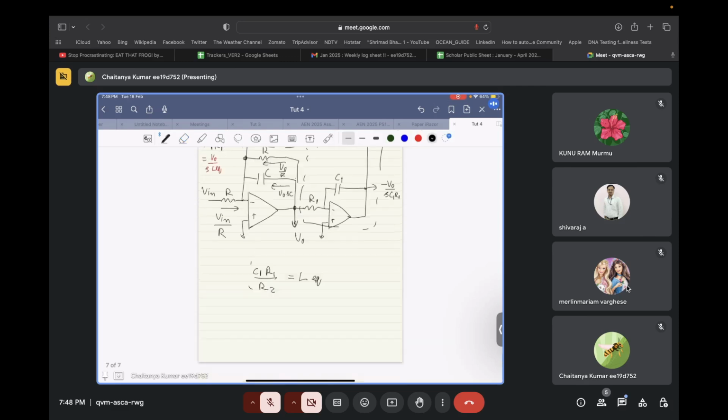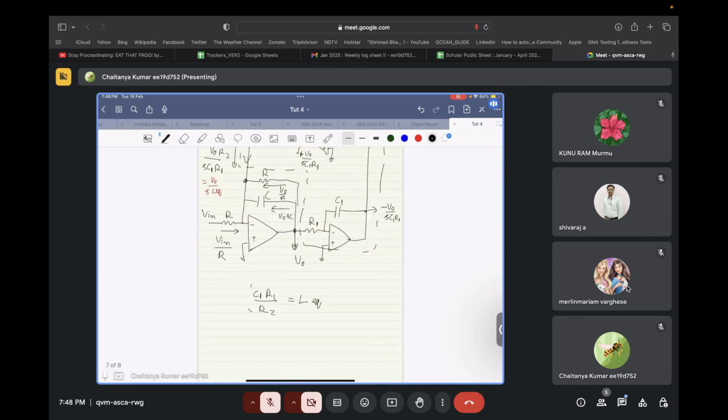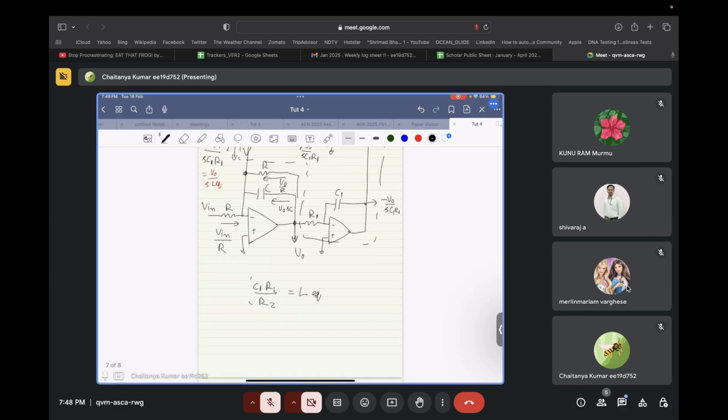Okay. So if these are known to us, what we will have is V0 by SL equivalent plus V0 by R plus V0 times SC plus Vin by R is equal to 0. So what I have done is I have applied Kirchhoff's current law on this particular node, the virtual ground. Correct.